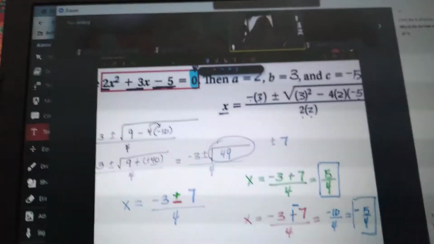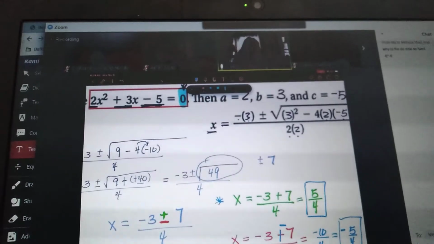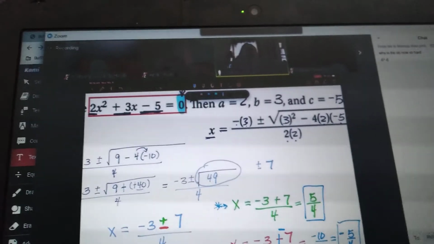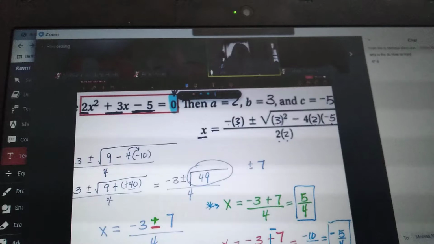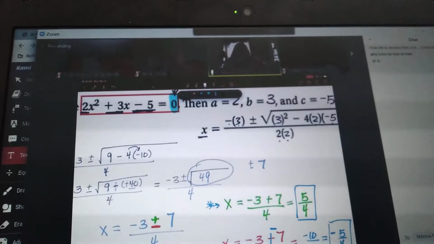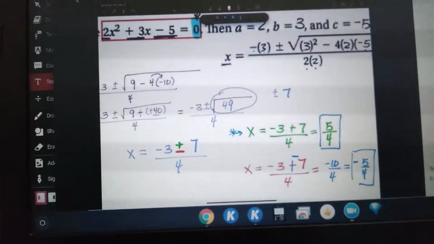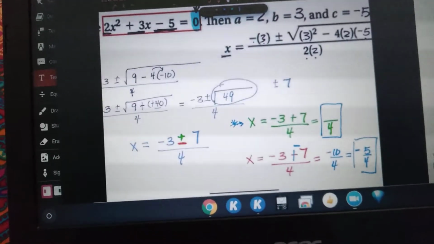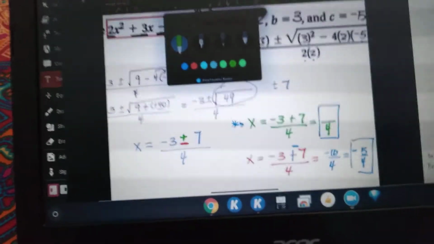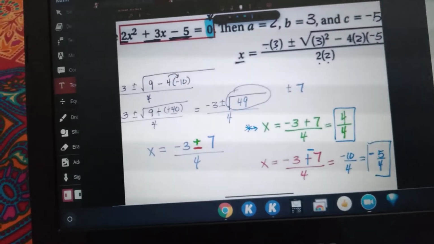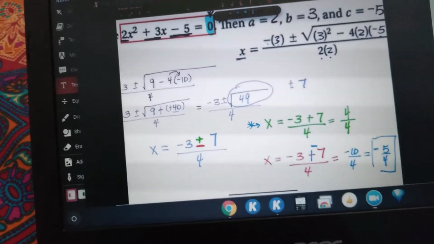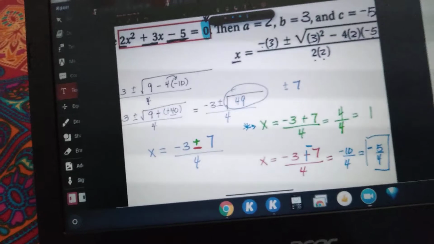I made an error in the green. Negative 3 plus 7 is not 5. 7 minus 3 is 4. So this should be a 4 over 4, which is equal to 1. Understand?